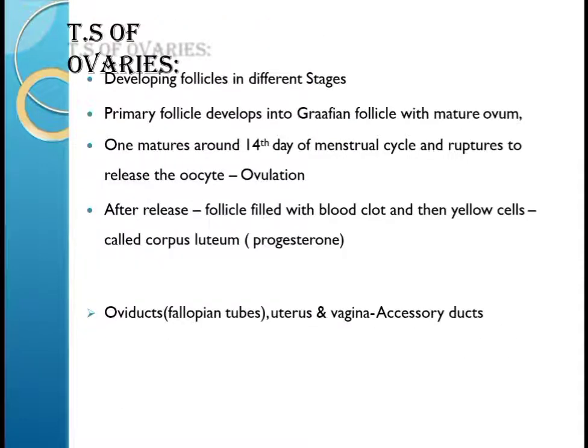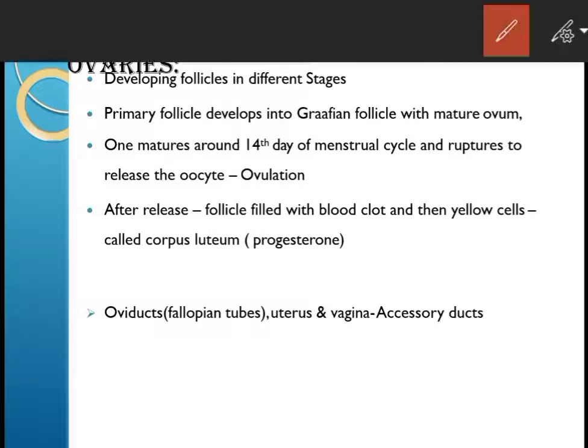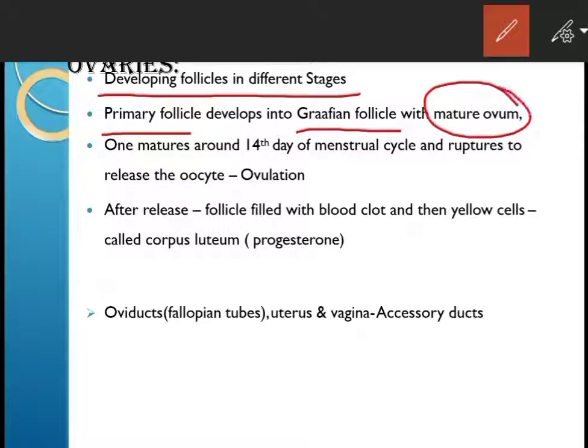Now, let us study the TS of ovaries. In the TS of ovaries, you will find the developing follicles in different stages. Primary follicle develops into secondary follicle, then to tertiary, and finally to the Graafian follicle, which has the mature ovum.